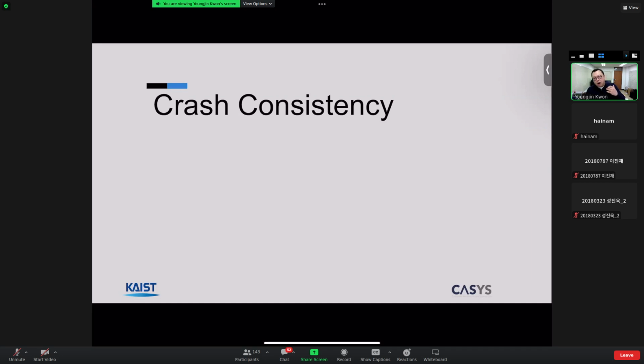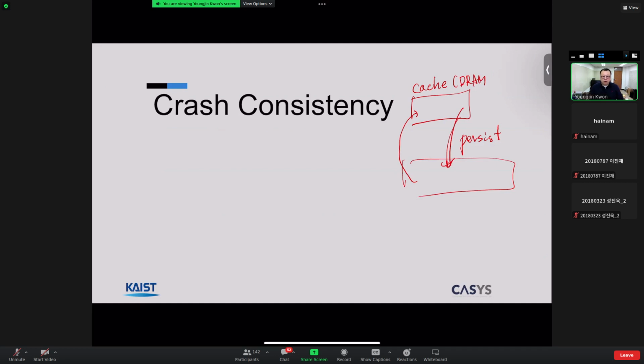But hard disk and SSD are persistent stores, and for performance, file system designers typically put data into a cache and persist later. That was the basic model: loading data into cache DRAM and persisting later. The existence of these two, cache in DRAM and persisting later, causes the crash consistency problem.